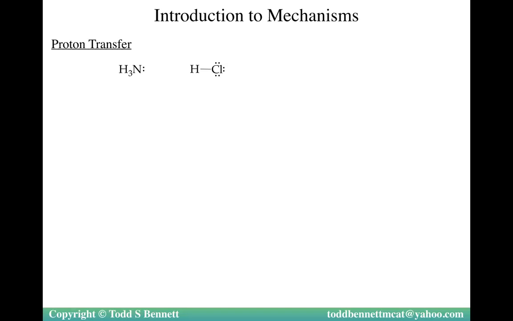That said, we're going to always say negative finds positive. Cl is going to be negatively charged because HCl is more electronegative. So if Cl is negative, H is positive. So this lone pair on nitrogen, this delta minus, is going to attack the hydrogen.